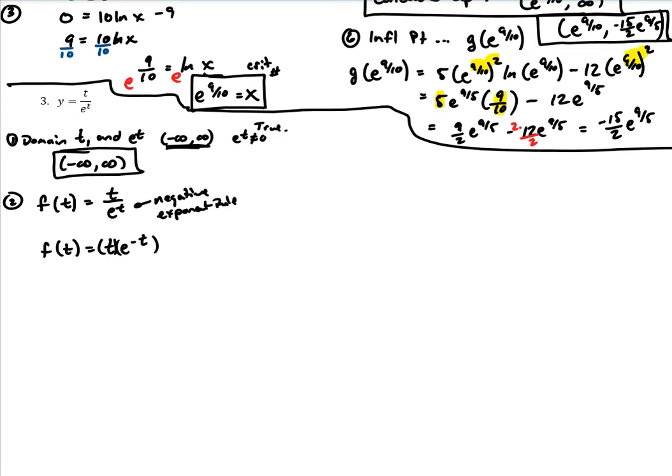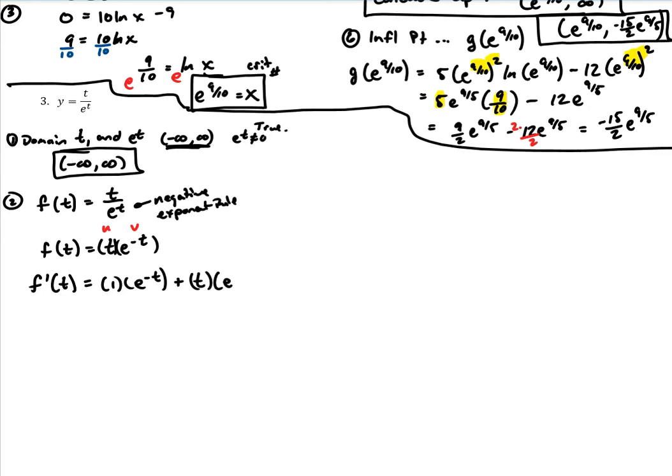Then I have my product rule, which I'm going to state as we do it. This is u and this is v. The derivative of u is 1, times just the v, e to the negative t, plus just the u, which is t, times the derivative of v.